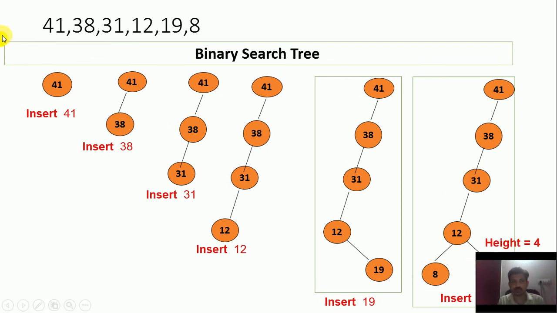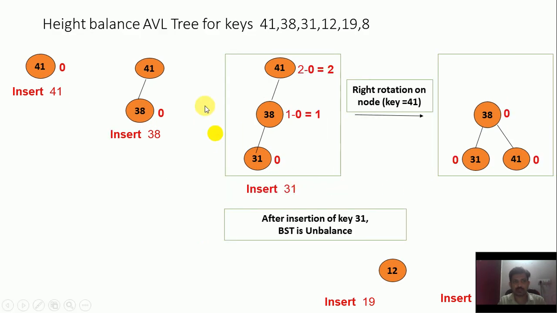So this is a type of binary search tree. 38 is less than 41, so place it on the left side. These are the step by step insertions, and we are getting height 4. We can store these keys with the help of an AVL tree or height balanced tree in less height. Either we may get height equal to 2 if we store these keys with the help of an AVL tree.